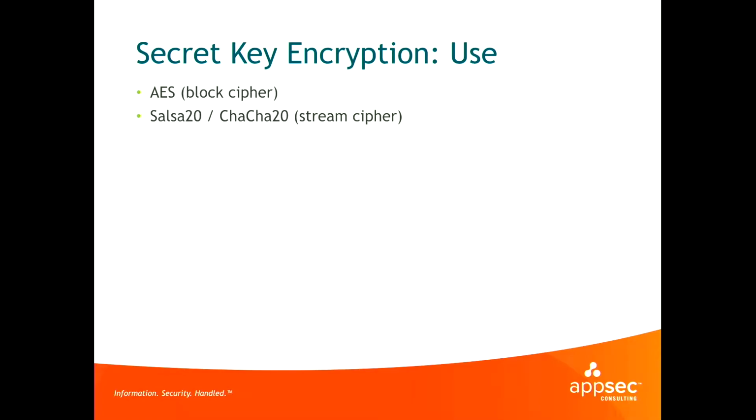When using AES, you should be using, if at all possible, 256-bit keys. You do have the option of using 128. At this point, 128 is considered secure, although the guidance from NSA is that we should be moving away from 128 because of what may happen in the future, and we will talk about that towards the end of the talk.